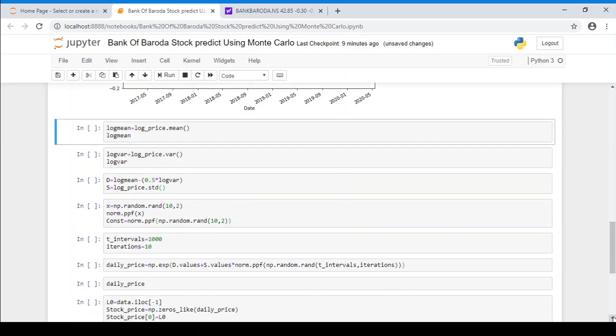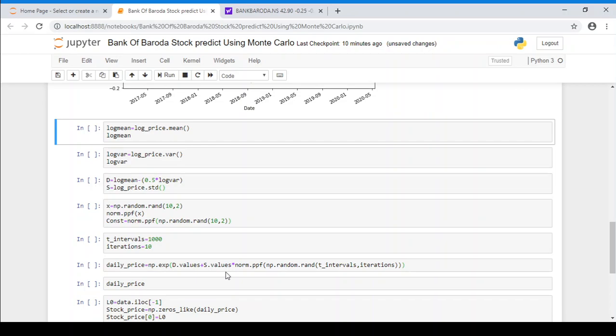There is a formula to bring Monte Carlo simulation. So to get the formulas, you need to find the log mean, the log variance, and then you find the constant from the randomness, and from there you derive your daily price. From there we project the Monte Carlo simulation.